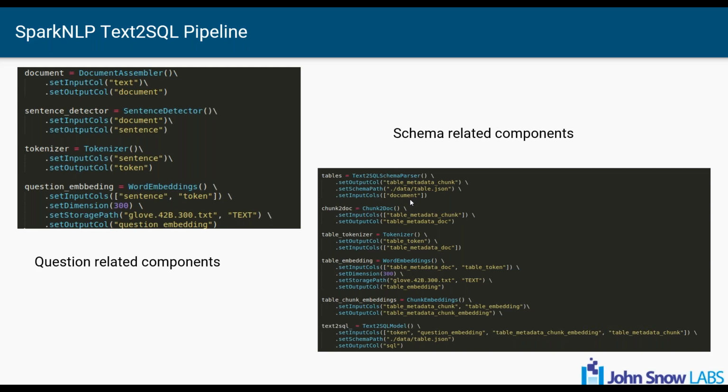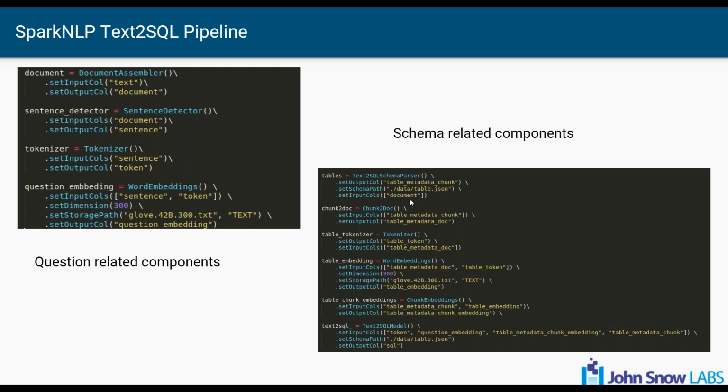And then at last we have our text-to-SQL model. This will take in question document and question embeddings, and table metadata and also table metadata embeddings. And it will output the SQL based on the question.